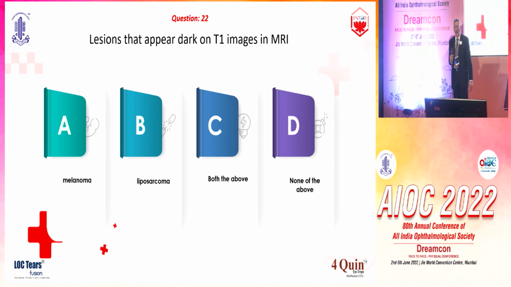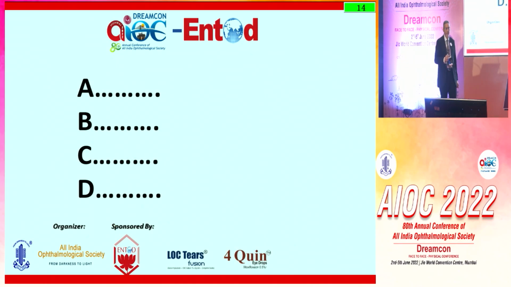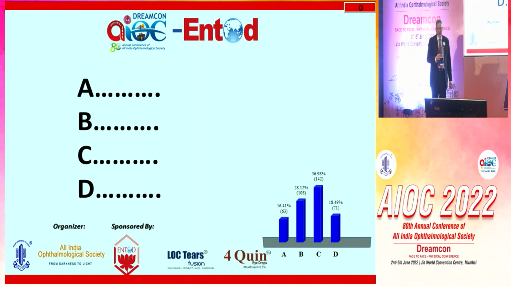Time starts now. Melano or lipo or both the above or none of the above. And none of you took my suggestion seriously of all of the above. So let's see.